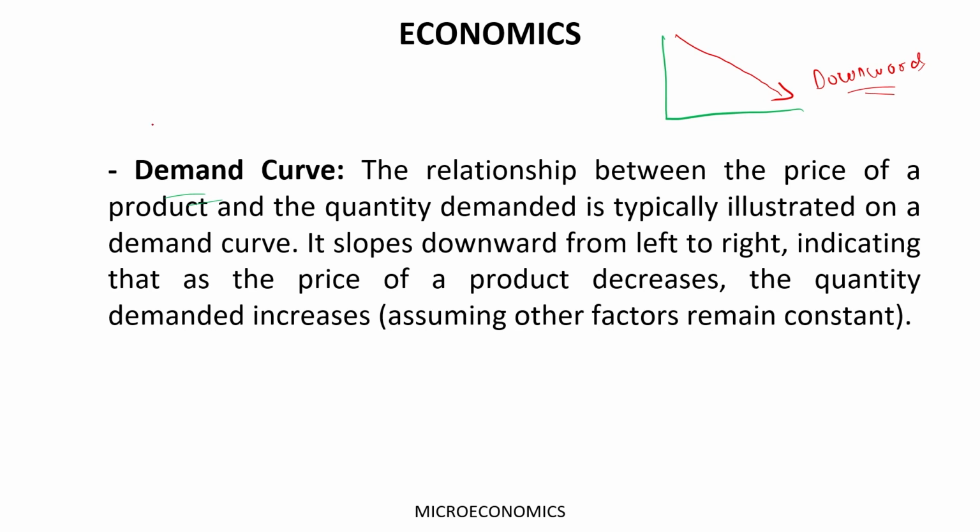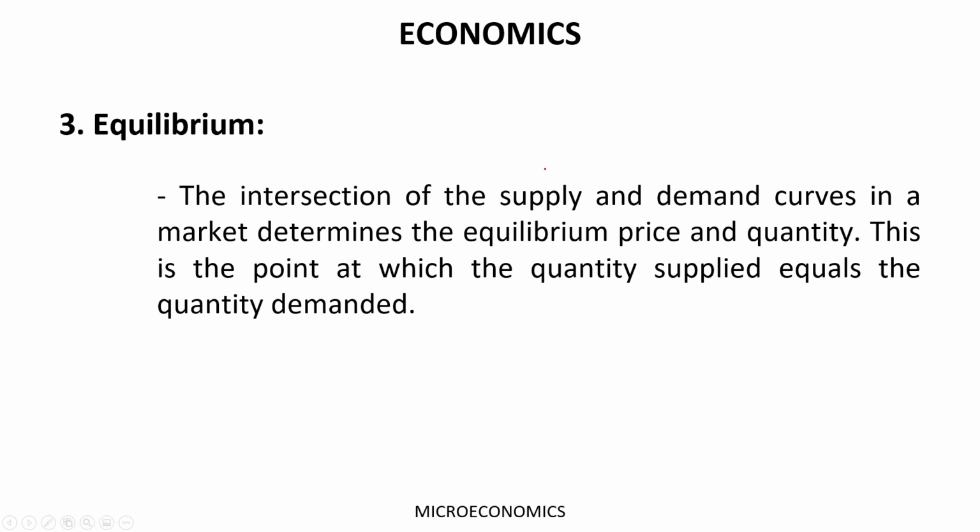Why? Because this side is price, this side is demanded quantity. Because as the price rises, demand decreases. Okay. So that's why the demand curve is always downwards. Got it?